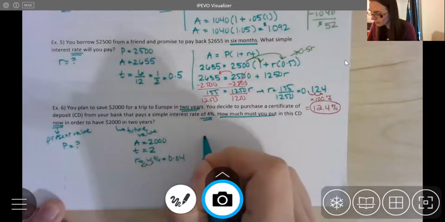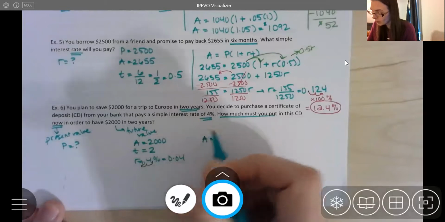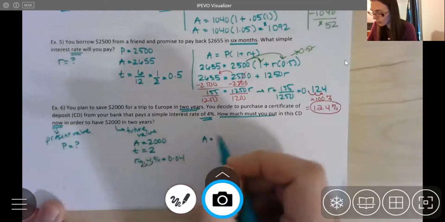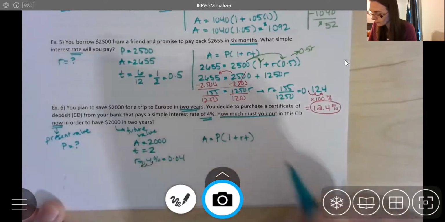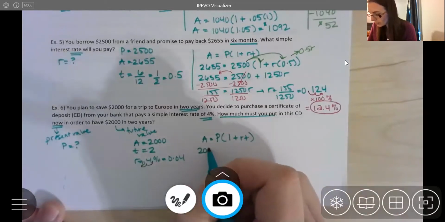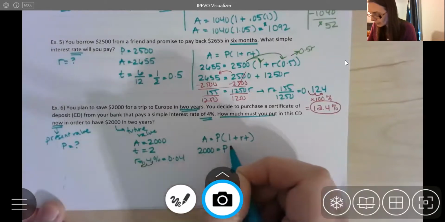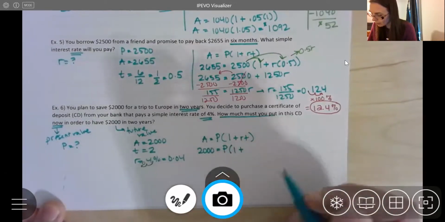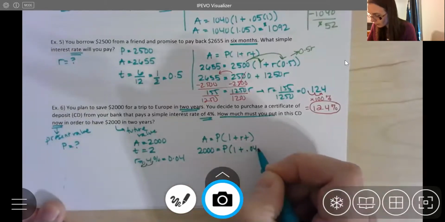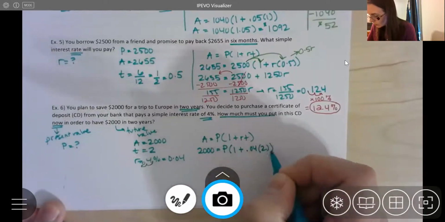All right, so I'm going to use my formula. Again, I know the A, I know the T, I know the R, so I'm going to use my A formula here. So I have 2,000 equals P times 1 plus, all right, now let's see, R is 0.04 and T is 2.